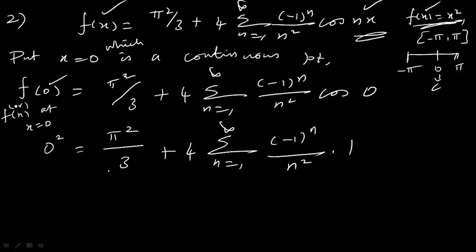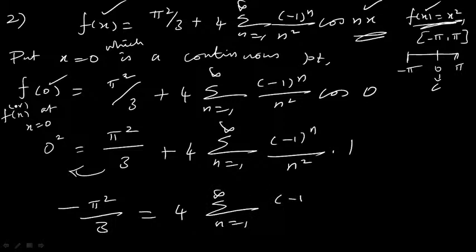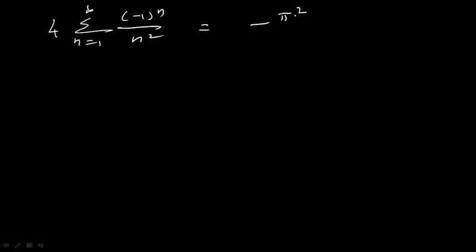So you just take this value to the other side, what happens? Minus pi square divided by 3 is equal to 4 times sigma n varies from 1 to infinity, minus 1 whole power n divided by n square. What I am going to do next is expand the series.